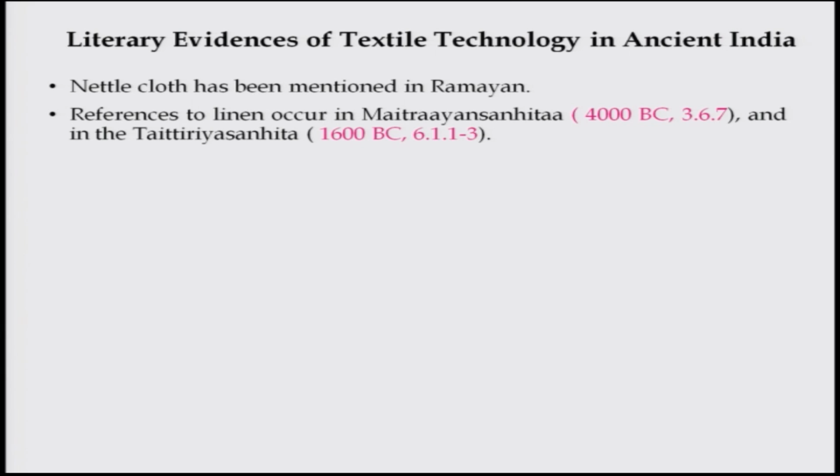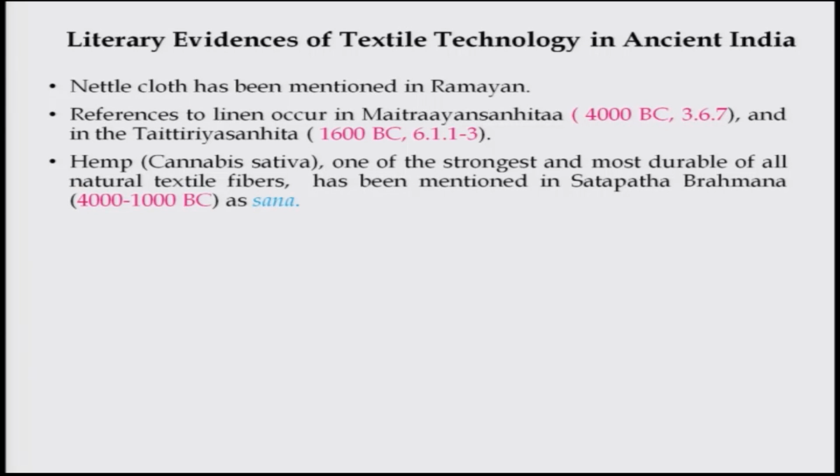So that means our ancestors were aware of how to use this fiber for cloth. Hemp is another fiber, botanical name Cannabis sativa, one of the strongest and most durable all-natural textiles, mentioned in the Shatapatha Brahmana in the Veda, around 4000 to 1000 BC, as Sana.